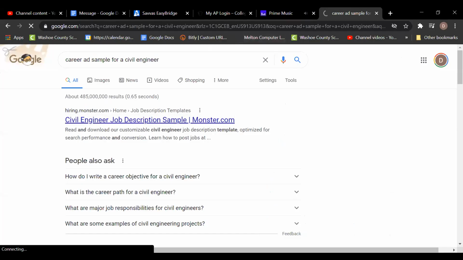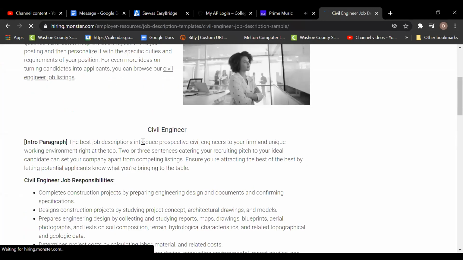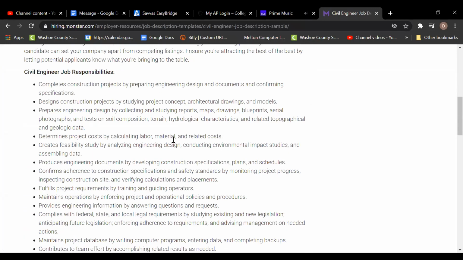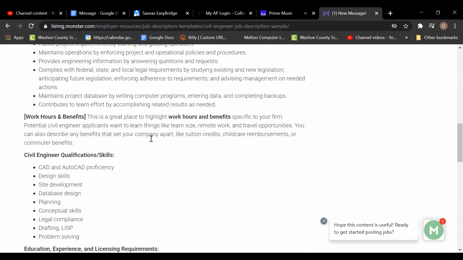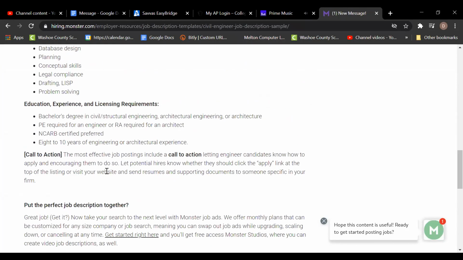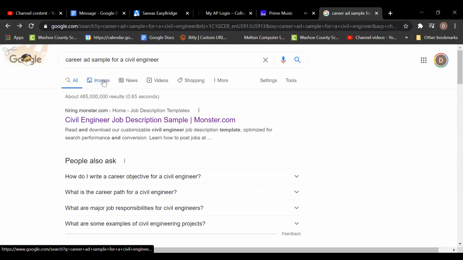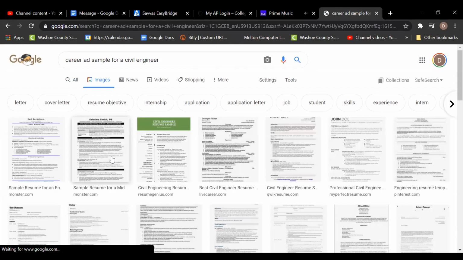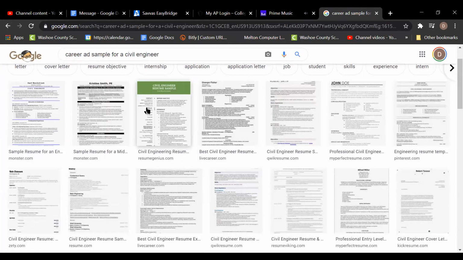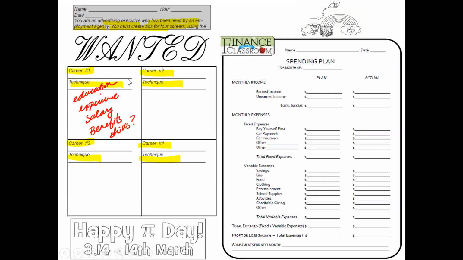Looking at this, this tells you what a civil engineer does, their jobs and responsibilities, qualifications, skills, and education. I wish it would actually give me the salary so that it'll be a little bit easier. So yeah, 4 different careers, and then come up with the techniques and also answer these questions that come with it.